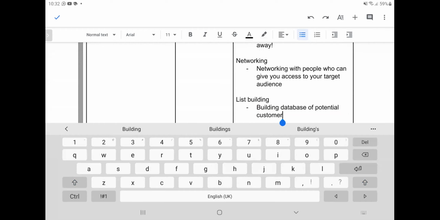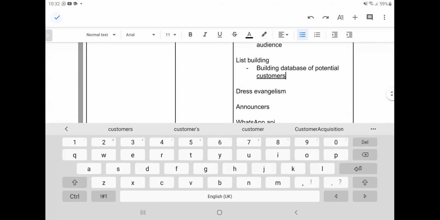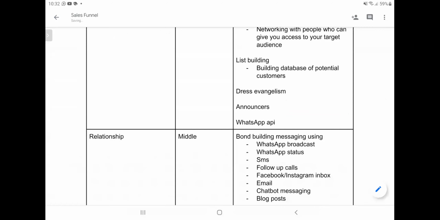Now, when you are building a database of potential customers, what you are doing essentially is you are building a list, because they say the money is in the list. The money, the sales you are looking for, is in the contact list of customers that you are building.